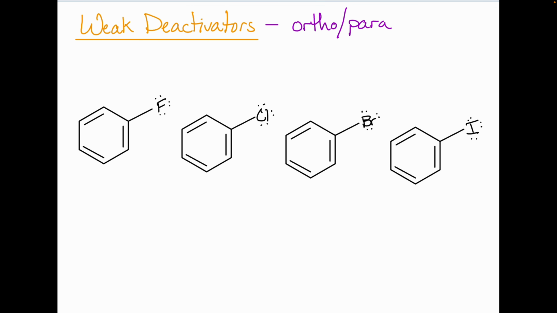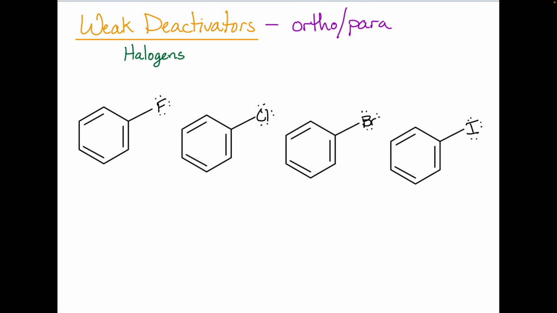What do these all have in common? They're halogens. Halogens are these weak deactivators, but they're still ortho-para directors because there's kind of this push-pull going on. They're both withdrawing electron density and donating electron density at the same time.